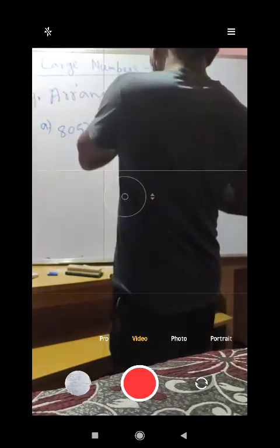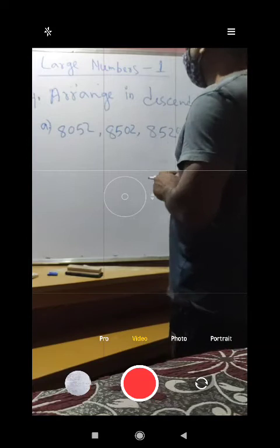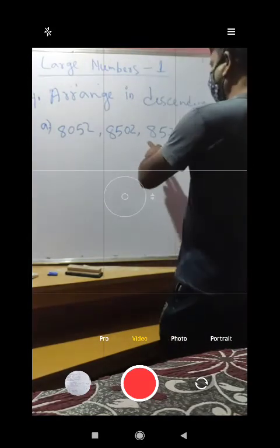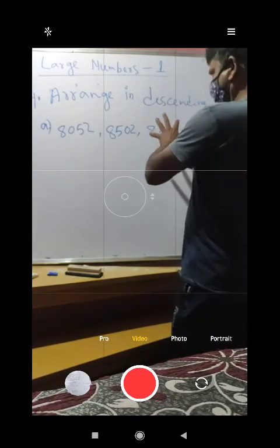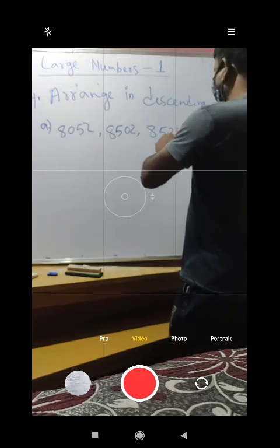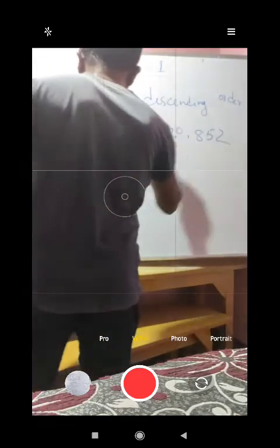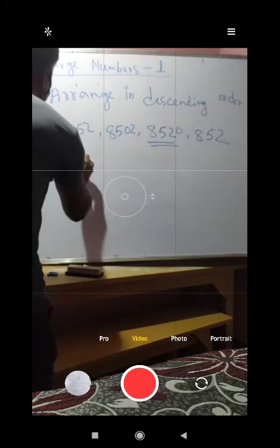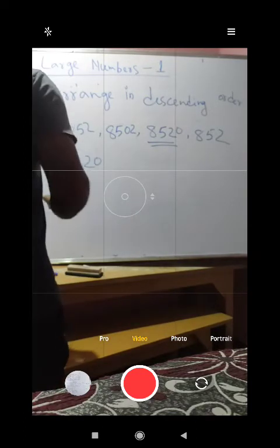So what we need to do is descending order, that is, from bigger to smaller. So how will you do it? The biggest number here is 8520, so we'll have to write that first. After that, which one will come?